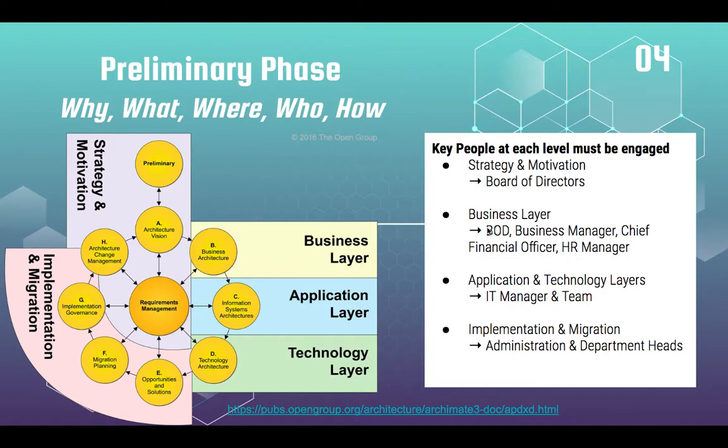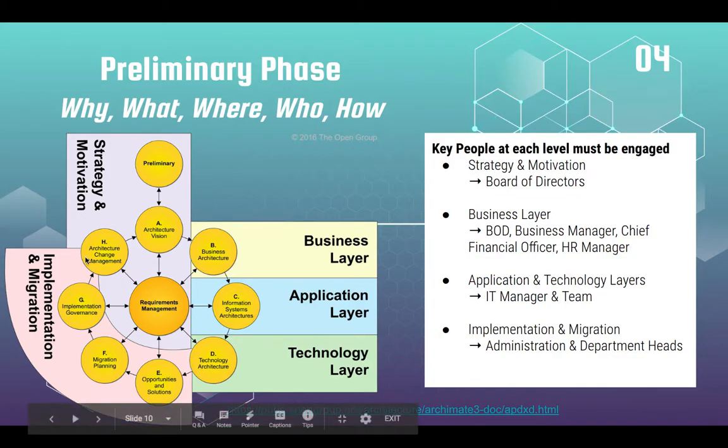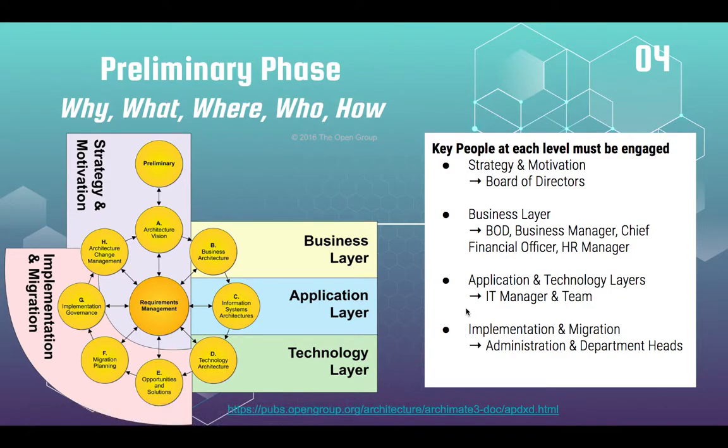It's really kind of strange, but yeah, the board of directors, the business manager, our CFO, and our HR manager, though perhaps not so much unless we were going to recruit somebody that was a part of this enterprise architecture. In terms of our application and technology layers, our IT manager and team are actually pretty open, and we have a good relationship with them.